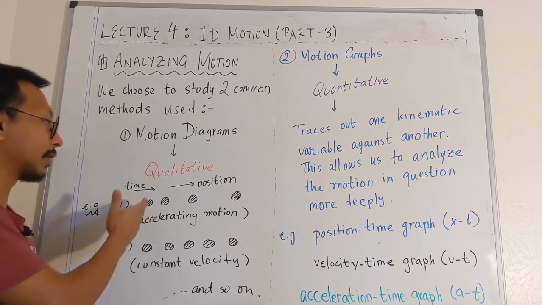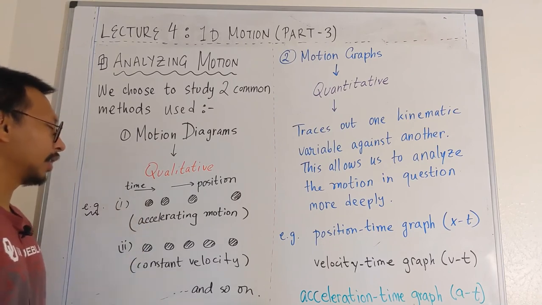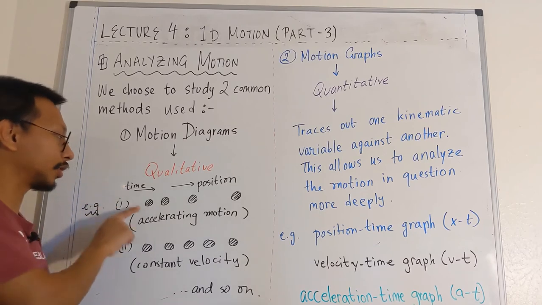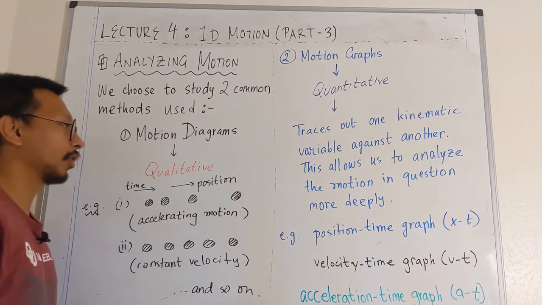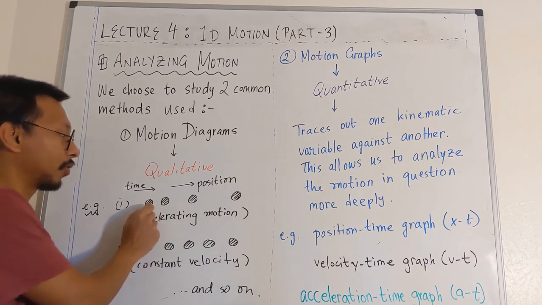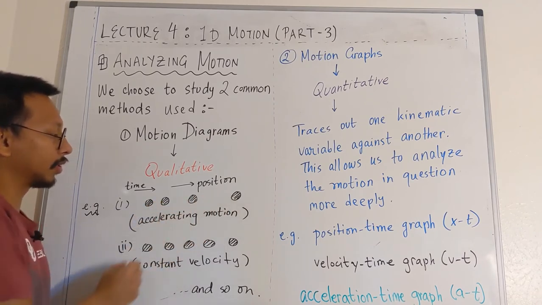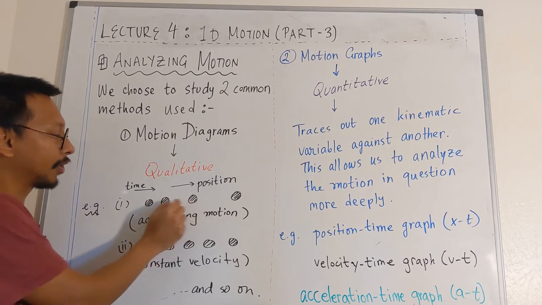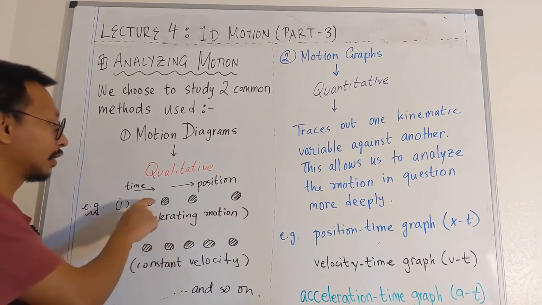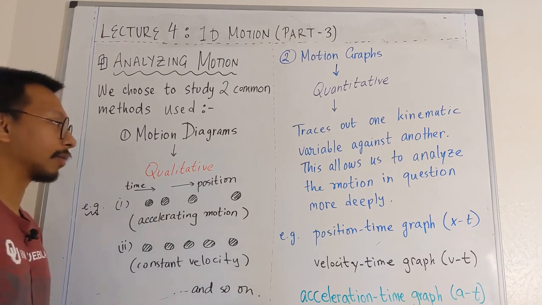So let's look at an example. Here, let's consider time is moving forward this way, and position is starting from 0 and moving forward to the right. If we have an object which starts at 0 and then moves like this, look at the object's separations in time, we can say that the object is accelerating in time, right?